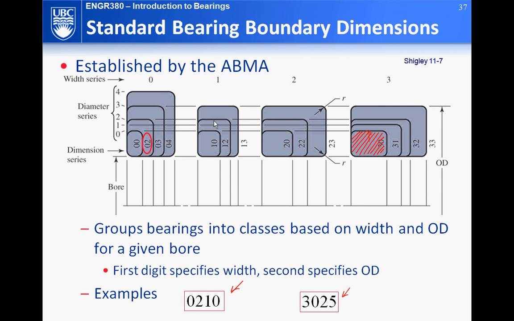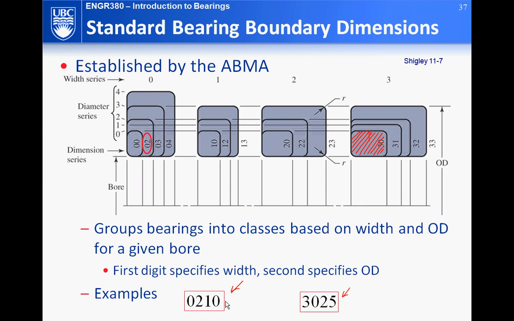This is just an example of a 0, 2. We're looking at 0, 2 here, 10. What does the 10 tell you? That could be multiple choice, right? I have a 0, 2, 10. Can you tell me what's the inner bore size?